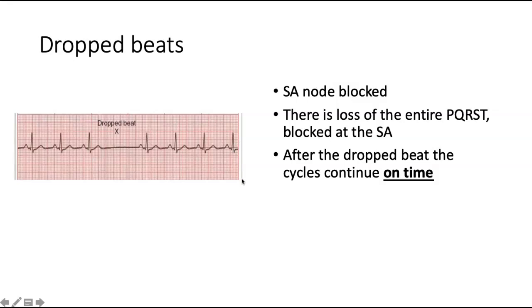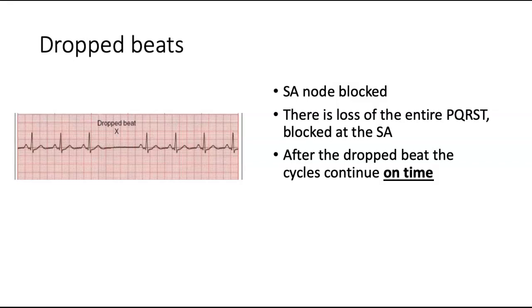So after the dropped beat, the cycle continues on time, meaning that you could insert the dropped beat into the space and everything would march out with a correct R to R interval.